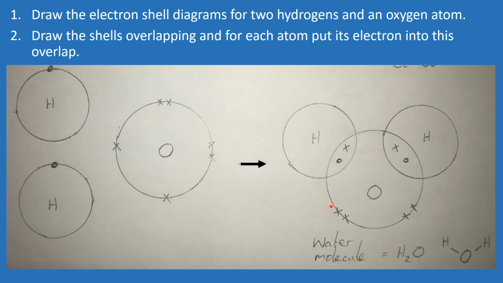And now oxygen has gained the 2 electrons that it needs in order to gain a full outer shell, and so we've got 8 within this outer shell of this water molecule. So H2O compound, and here are the covalent bonds between the hydrogen and the oxygen atom represented in structural formulae.